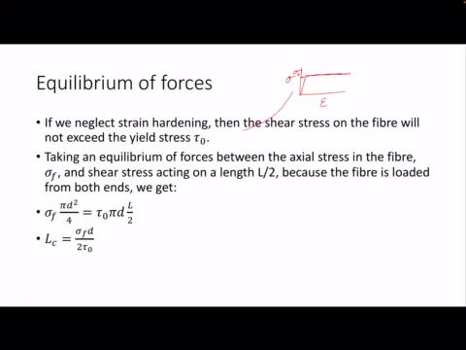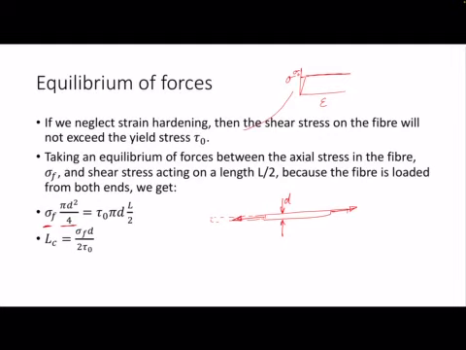So we've got, there's your fiber, half of the fiber, and then the other half, maybe like this. Apply force. So you get that force in the fiber, which is the stress in the fiber times the cross-sectional area of the fiber. So D would be the diameter of the fiber.